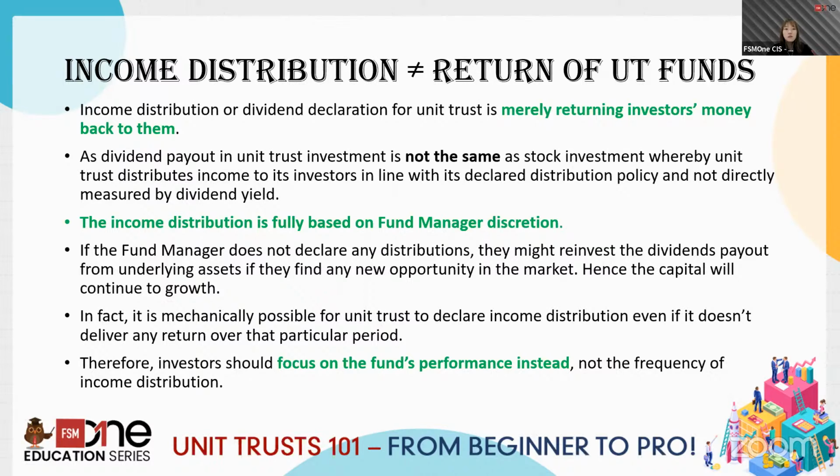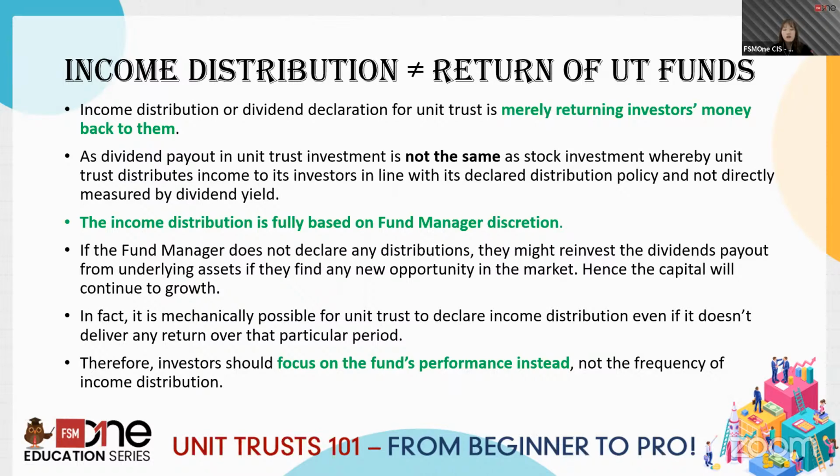So if let's say the fund manager does not declare any distribution, they might reinvest the dividend payout from the underlying asset if they find any new opportunity in the market. Hence the capital will continue to grow. And in fact, it is mechanically possible for a unit trust to declare income distribution even if it doesn't deliver any return over the particular period.